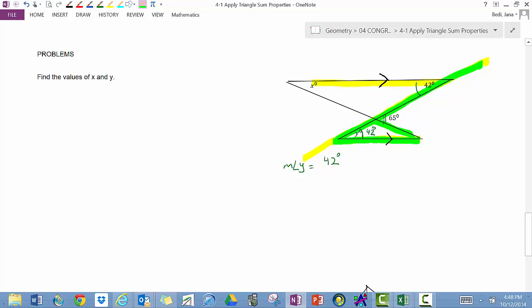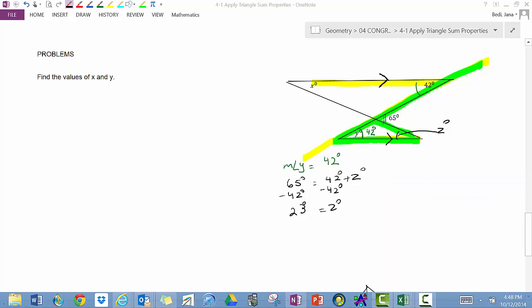So therefore, if I call this angle Z degrees, using the exterior angle theorem, 65 degrees equals 42 degrees plus Z degrees. Subtract 42 from both sides and you get Z degrees is equal to 23. So Z is 23 degrees.